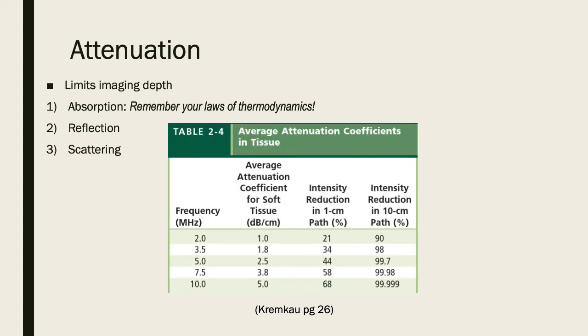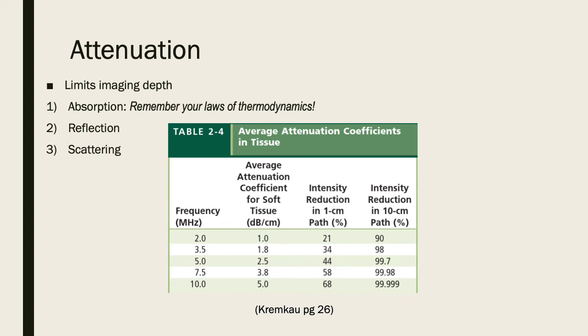So the attenuation coefficient is the attenuation that occurs with each centimeter that sound travels. The further that sound travels, the greater the attenuation, which makes perfect sense. If we look at this table from Kremkow, table 2-4, that comes from the 8th edition, we can see that as frequency increases, the average attenuation coefficient for soft tissue also increases.